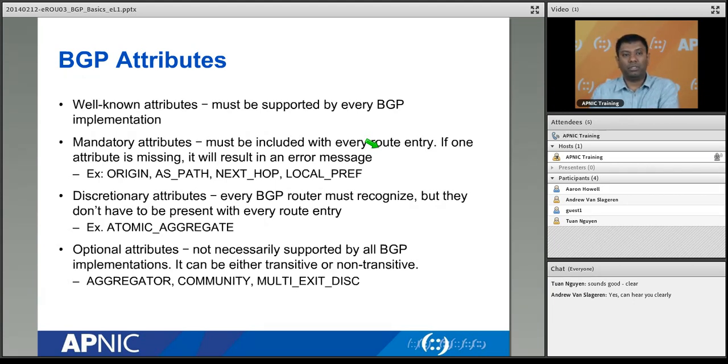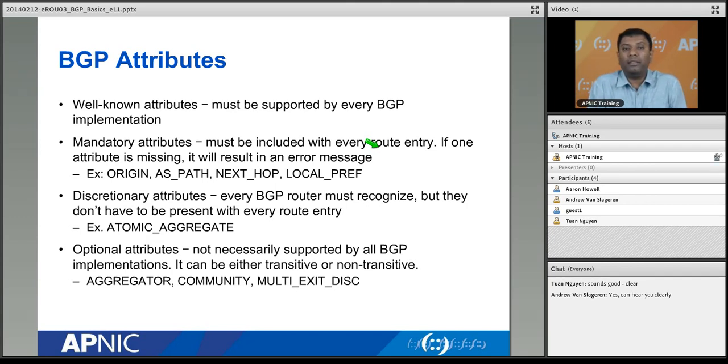Those attributes are in two classes, transitive and non-transitive. What is transitive? Transitive means when the attribute comes to you, even though you don't use what is in the attribute in selecting your best path, since it is transitive, you need to forward it to the next AS. That's what we call transitive attributes.